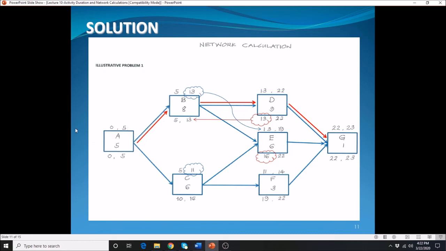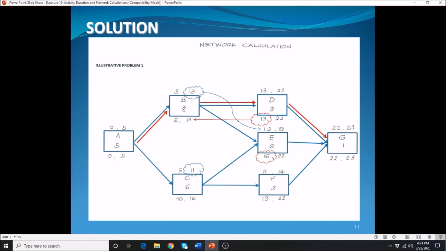If you begin with 1 and calculate 1 plus 5, you end up on the 6th day. If you count 1, 2, 3, 4, 5, and 6, that gives you a 6-day duration, and that may confuse you because the duration of activity A should be only 5.